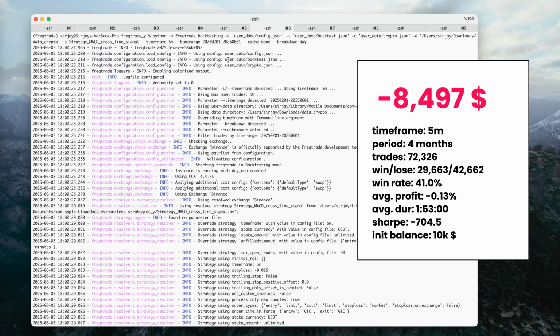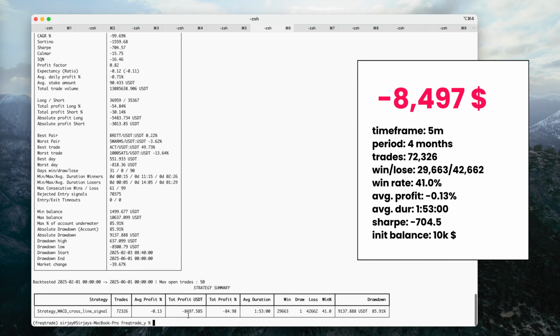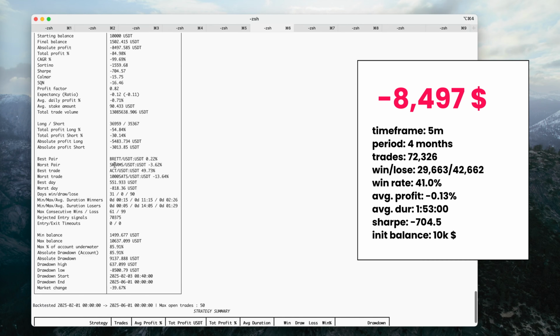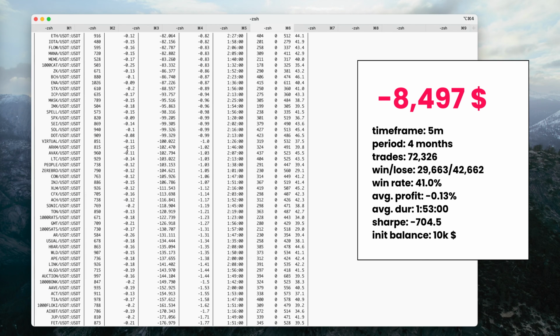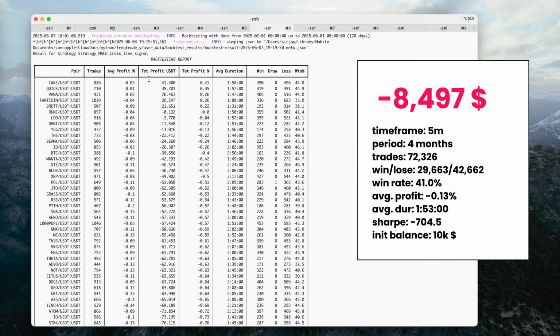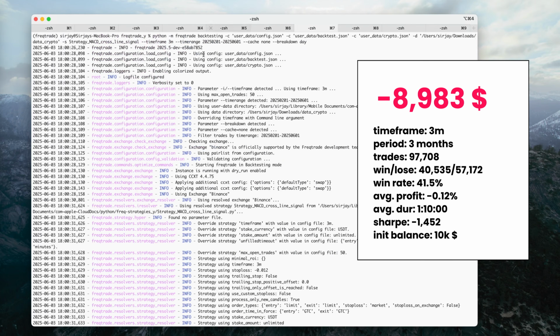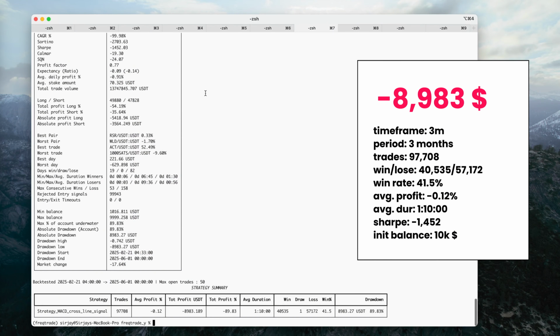Next, 5 minutes. 5 minutes I tested for 3 to 4 months. It's also minus $8,000. Low win rate, a lot of losses. Short, absolutely negative. About the coins, also negative. 3 minutes time frame. 3 minutes I tested this period.